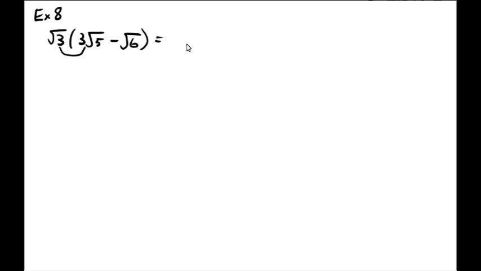So it's going to be the first, square root 3 times 3 root 5, minus square root 3 times square root 6. Now using our multiplying of surds, bring that number out the front.